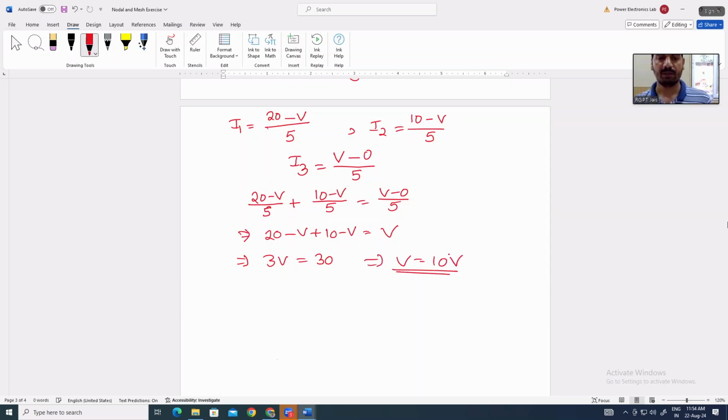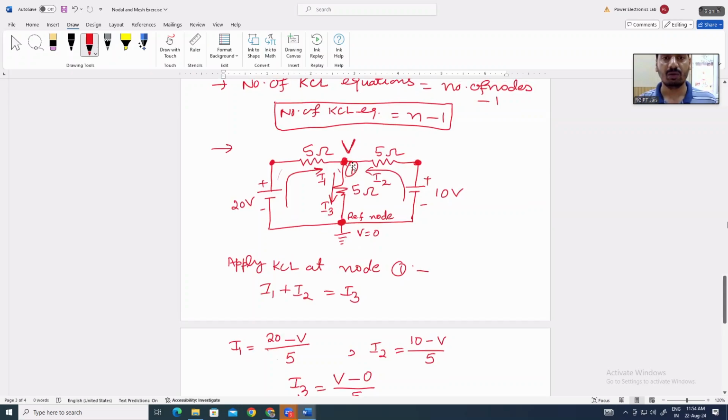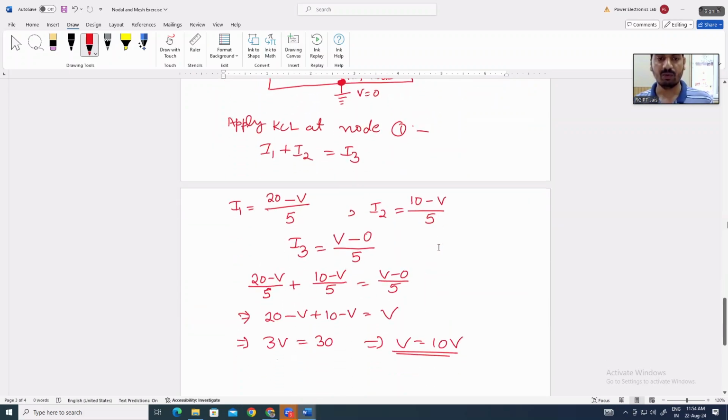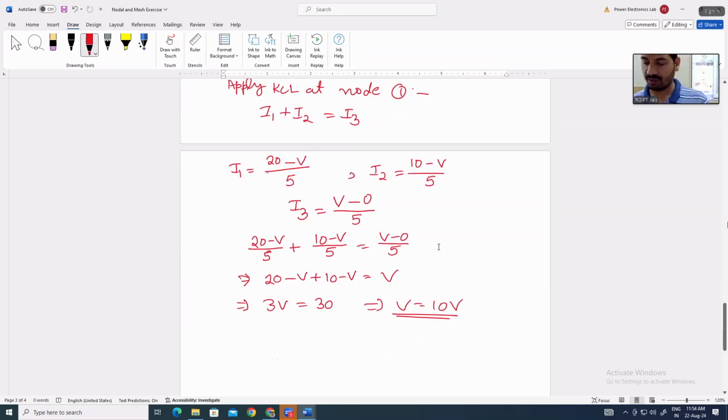So at this node we are getting 10 volt. The voltage at this node is 10 volt. It means here 10 volt is already there. So we can identify the value of I2, that is 0, because we have to calculate the values of I1, I2 and I3.